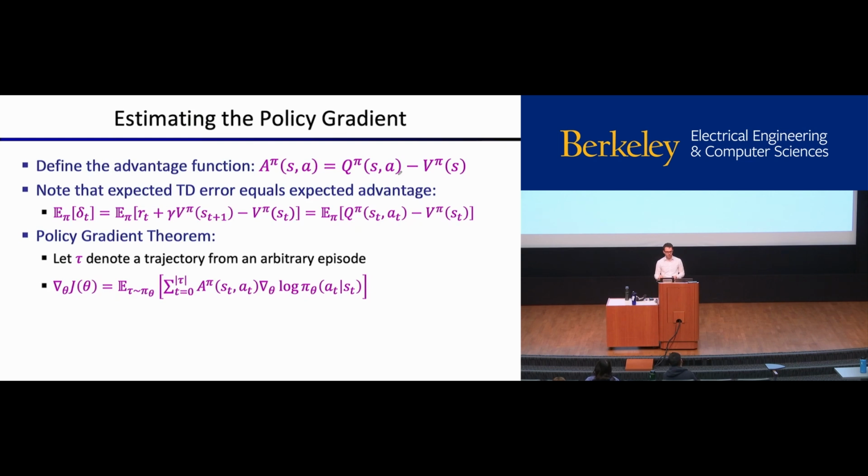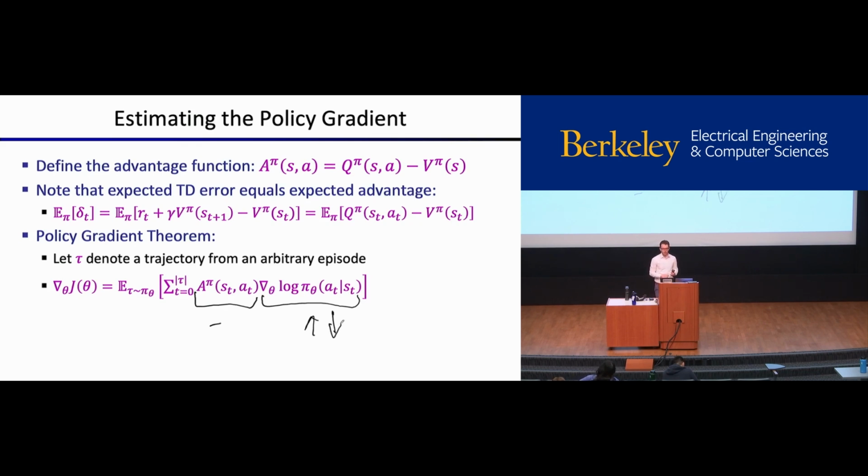So let me take you through the pieces. This advantage function is saying, when some action A is better than my policy, this gradient is saying, increase the probability of that action. When this A is negative, it's saying decrease the probability of that action.